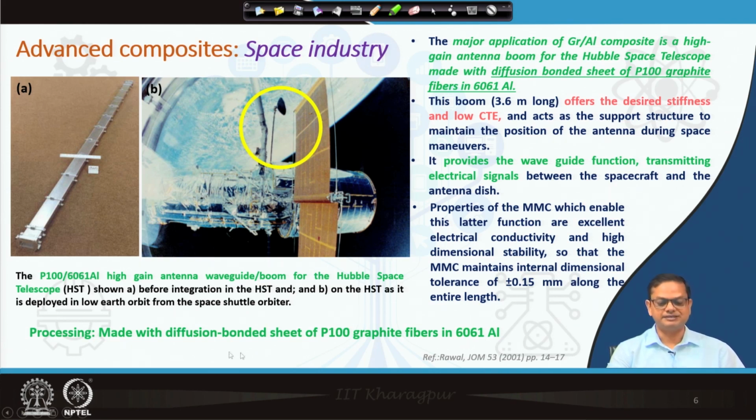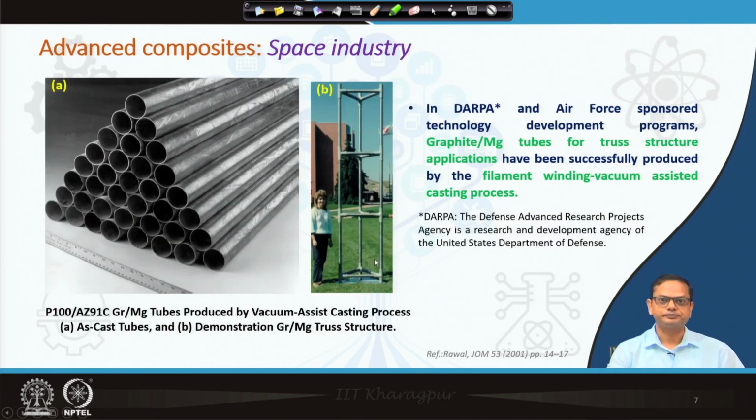Okay. And again this has been made by diffusion bonding, where sheets of graphite fibers and sheets of 6061 aluminum would be diffusion bonded together to form this kind of structure. So, again diffusion bonding is being used here. All right, let us move on. We have a lot of examples to see.